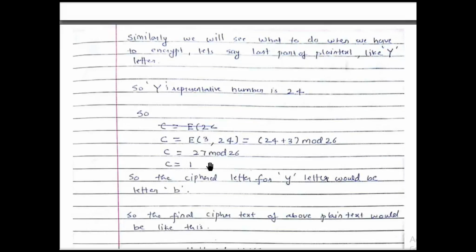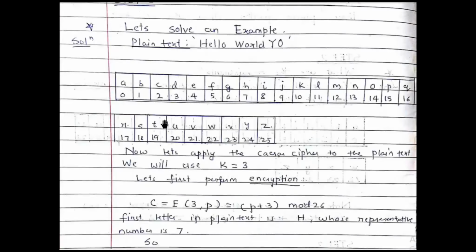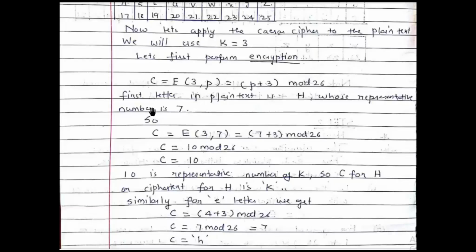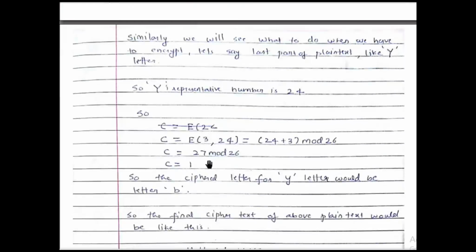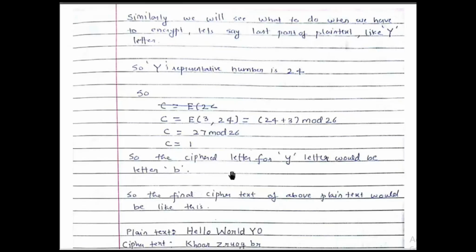Now 27 mod 26, that is the remainder when you divide 27 by 26, is 1, and what does 1 represent? B. That's right guys. So let's see over here, B. That is the ciphertext letter for our Y.